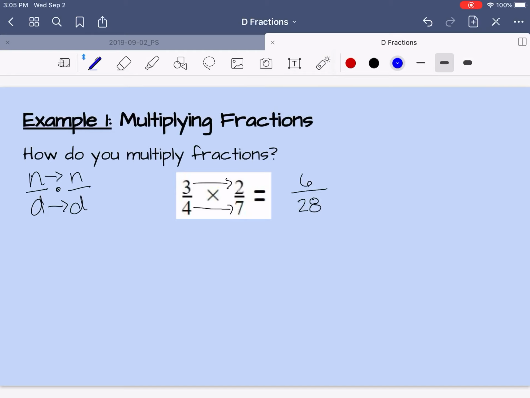So 6 and 28, well, they're both even numbers, so I know I can divide both of them by 2. 6 divided by 2 is 3. 28 divided by 2 is 14. 3 and 14, I can't divide those by the same number, so my final answer, 3 over 14. So numerator times numerator, denominator times denominator, and reduce if necessary.